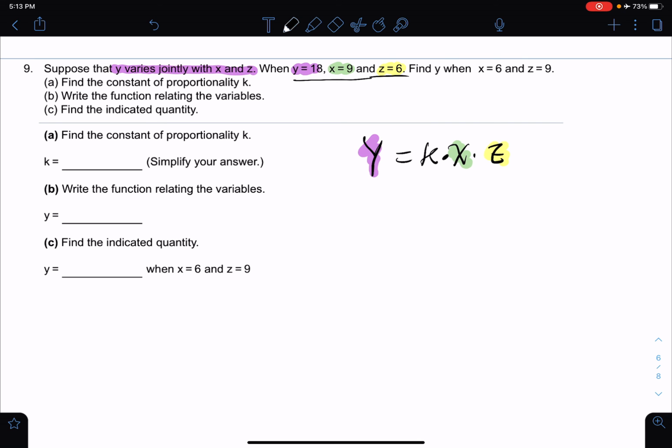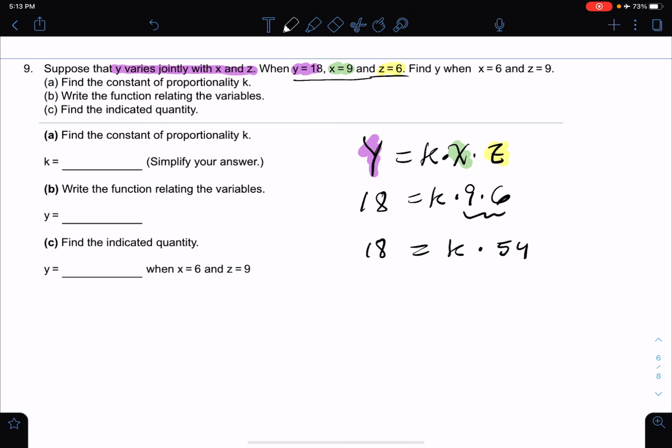So you just make those substitutions. 18 equals k times x, which is 9, times z, which is 6. You multiply 9 times 6, so this is just k times 54.